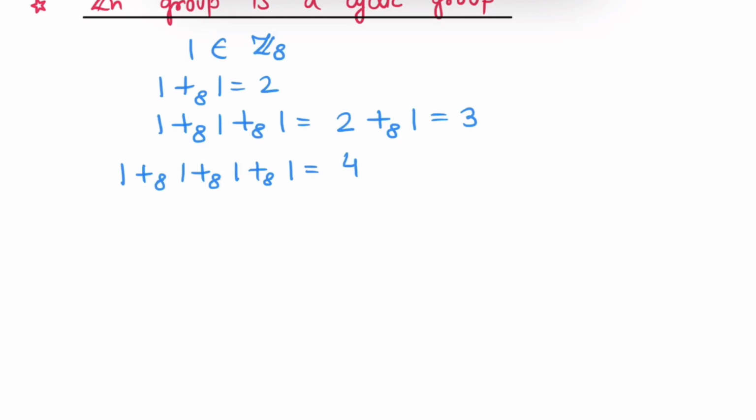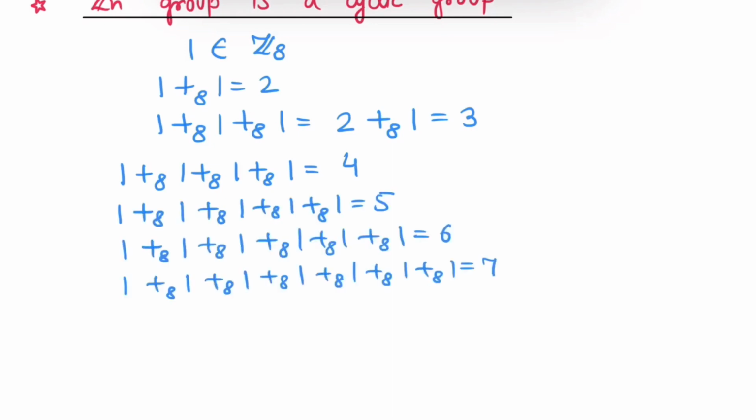In the same manner, we can see 1 is a generator of Z8. Now we can generalize this fact that Zn is a cyclic group.